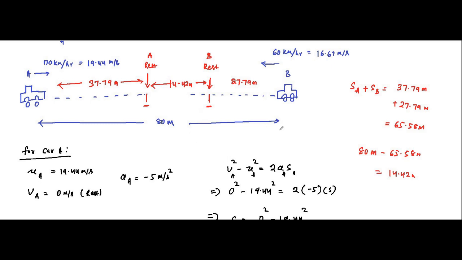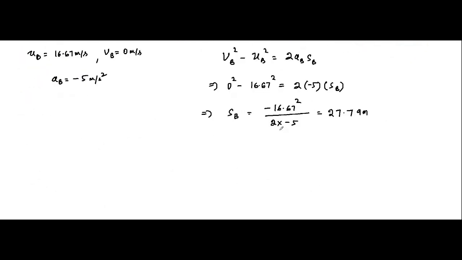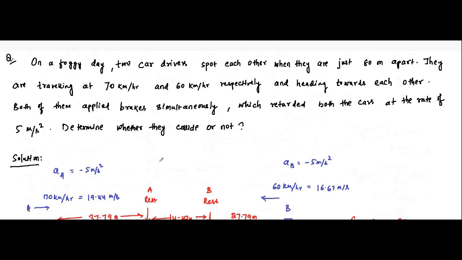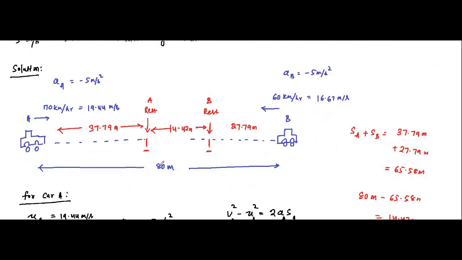So yes, they did not collide and the collision was avoided. So a very good question, where we used a lot of the equations of motion, but basic common sense was used.